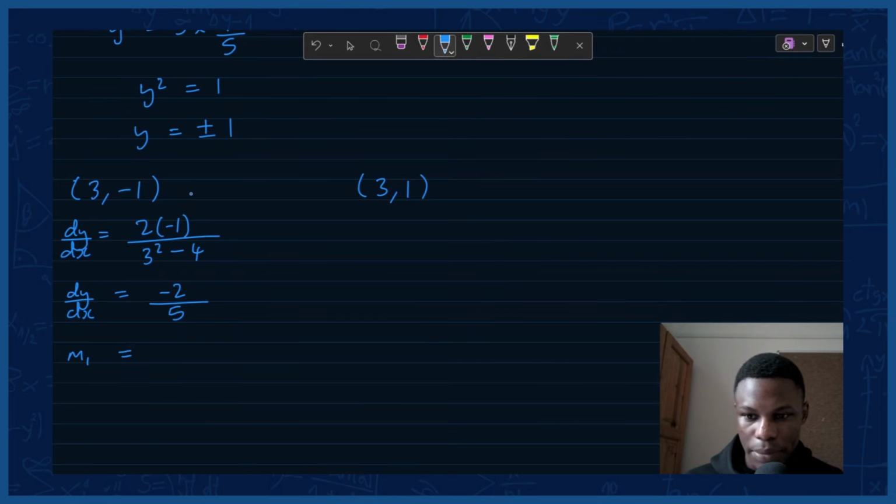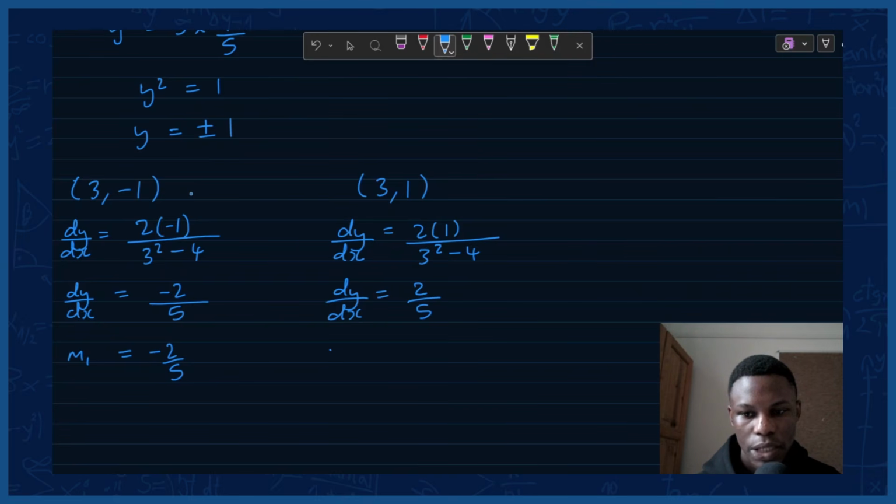So m1 is minus 2 over 5. Then dy/dx at (3, 1) is 2 times 1 over 3 squared minus 4, which is 2 over 5. So m2 is equal to 2 over 5.